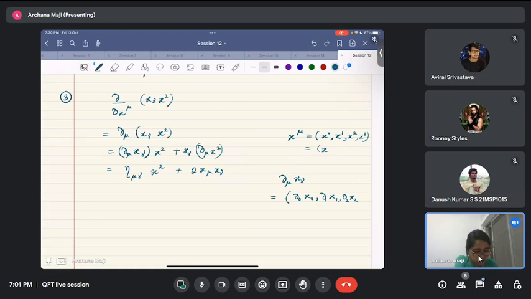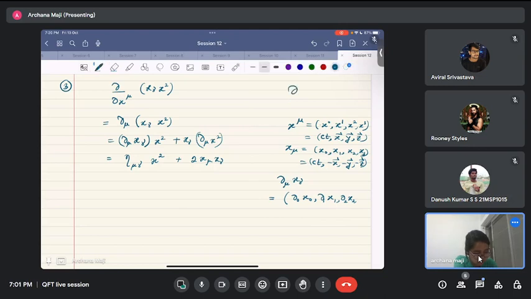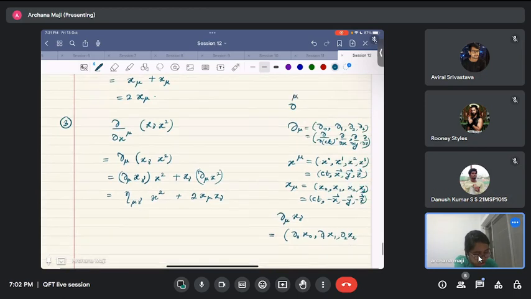So this is equal to x0 is ct x y z, x mu is x0 x1, x2, x3, that is equal to ct minus x minus y minus z. Okay, and del covariant mu is, but del contravariant would be minus.